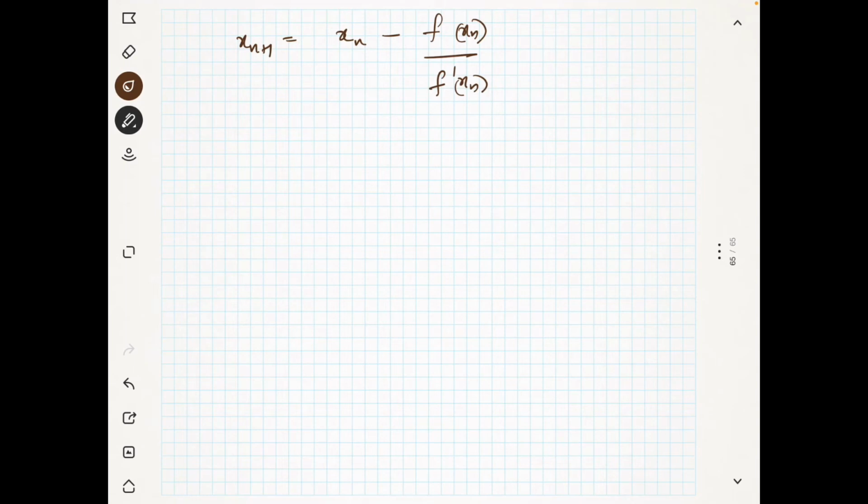Now I will substitute here our actual value which is related to the error.